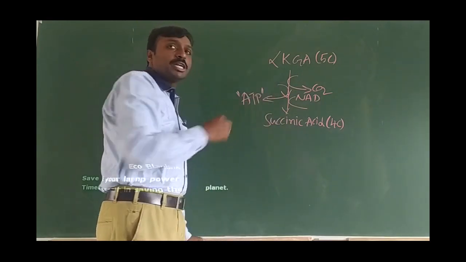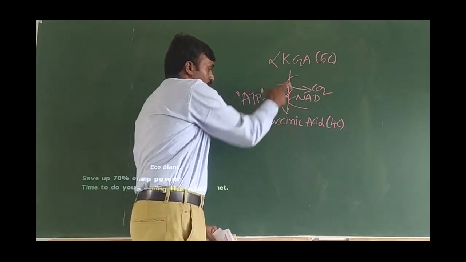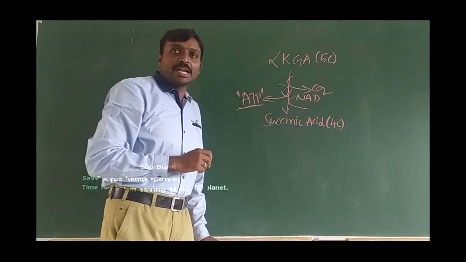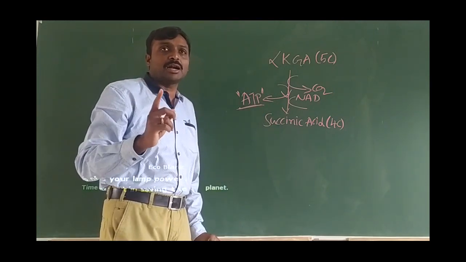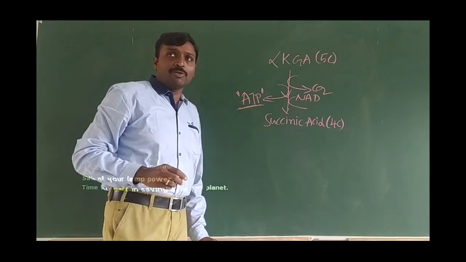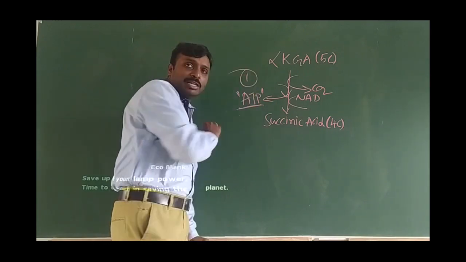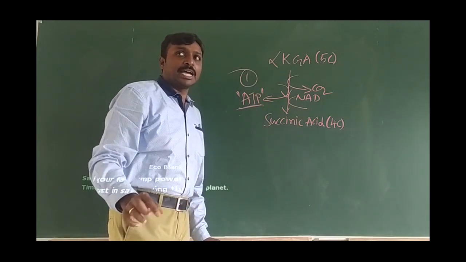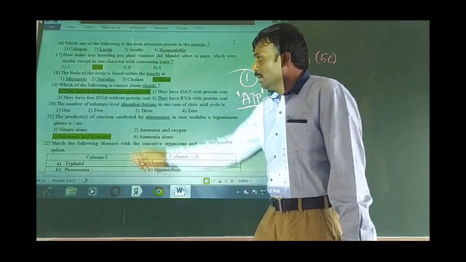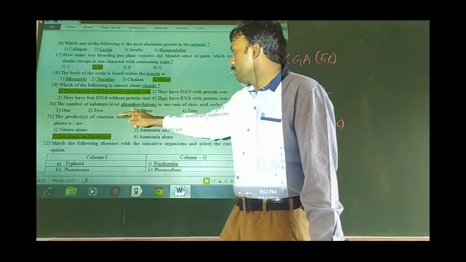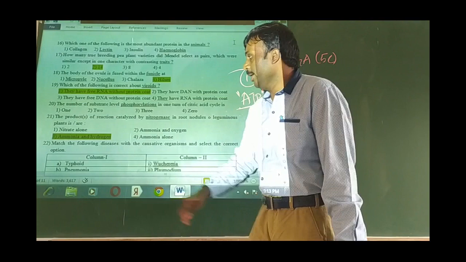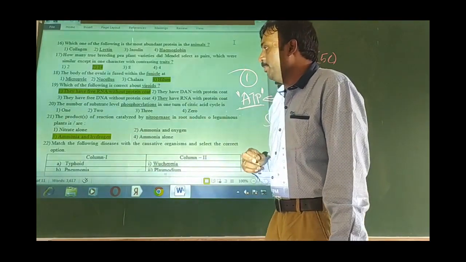This is the substrate level phosphorylation. When substrates are involved in a reaction and the ATP energy carrier is synthesized, such reactions are called substrate level phosphorylation, and this is seen only once in the entire citric acid cycle. That's why our option becomes 1. One-time synthesis is observed. Then moving to the next one, the 21st one.